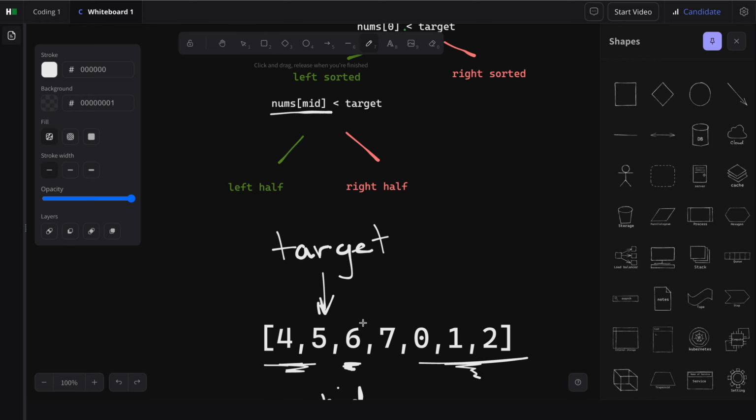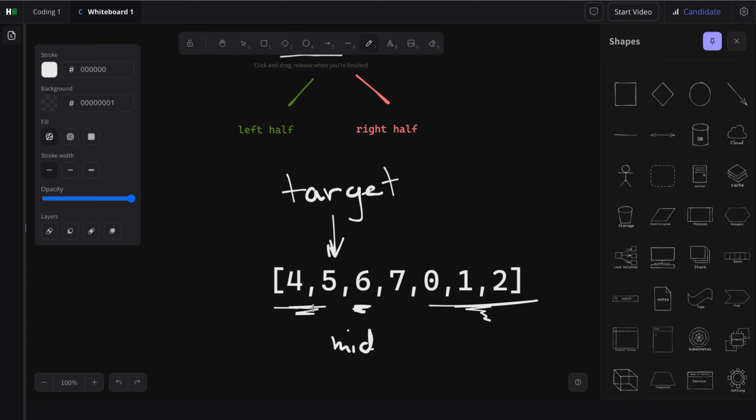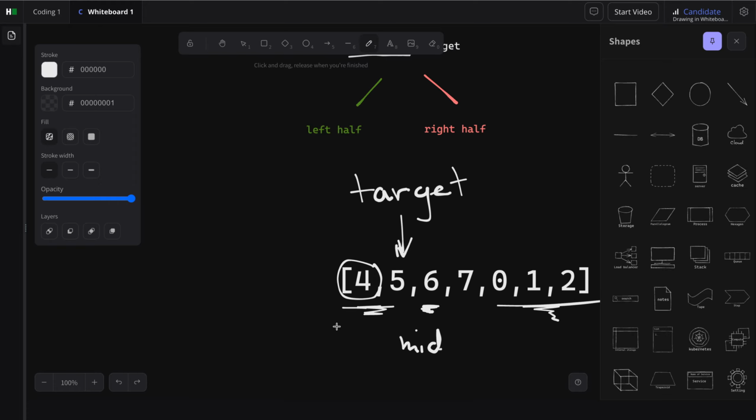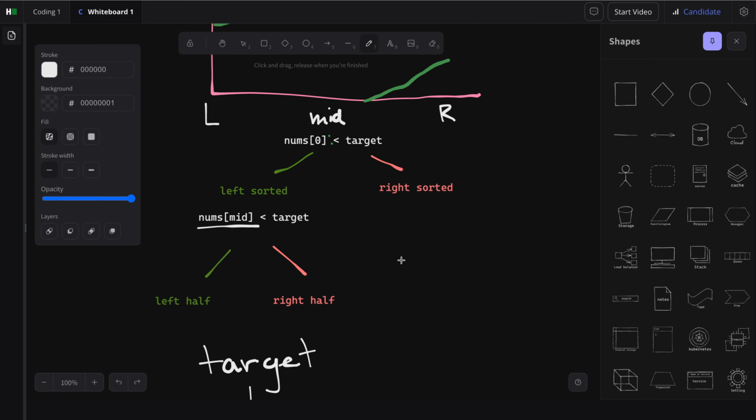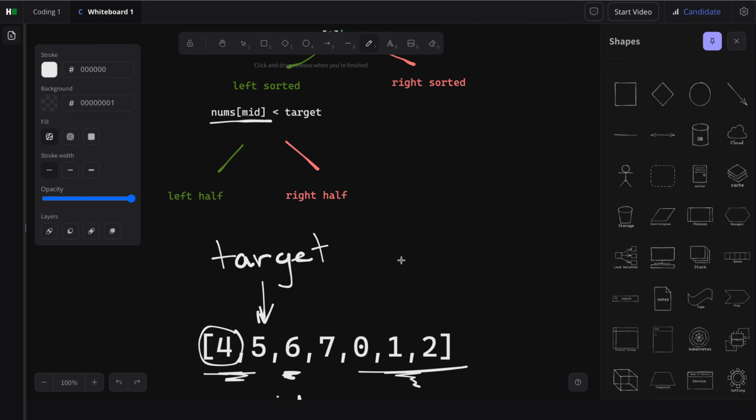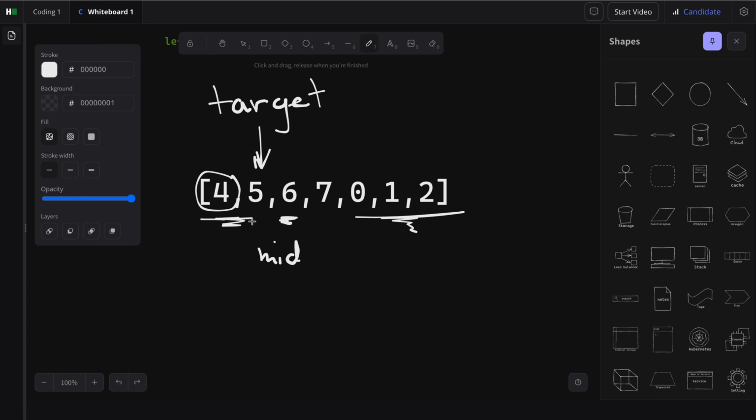So num_0, this 4, if the target is greater than 4, then it can only really be in this section over here.